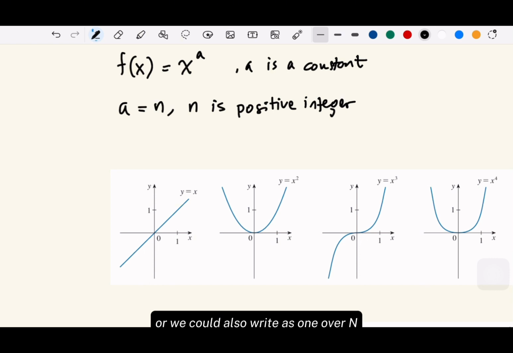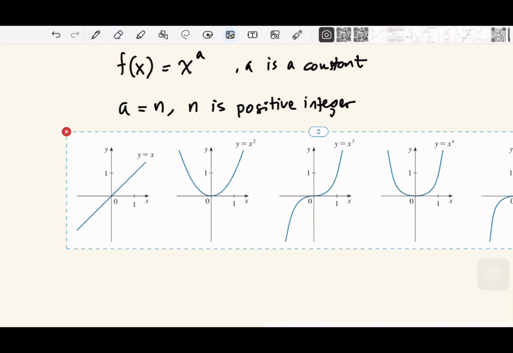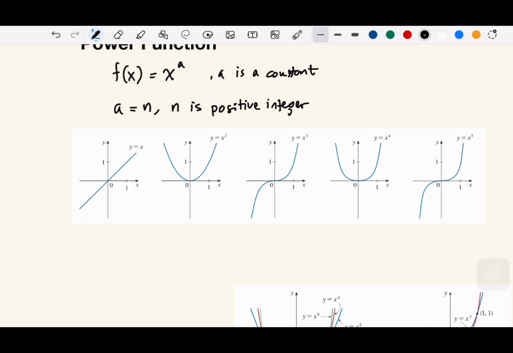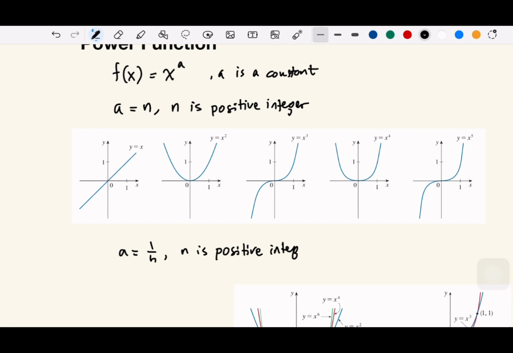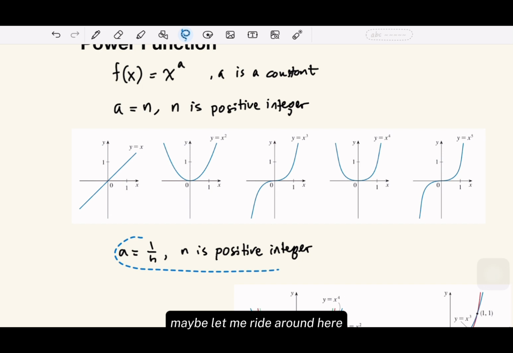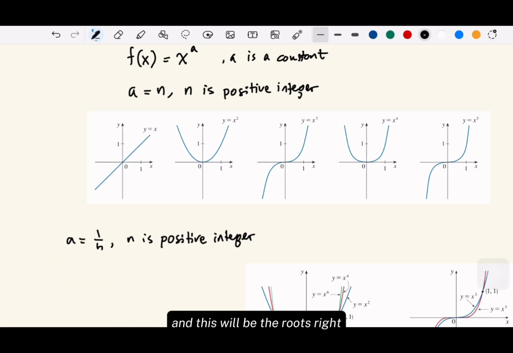Or we could also write a as 1 over n, where n is a positive integer. And this will be the roots, right?